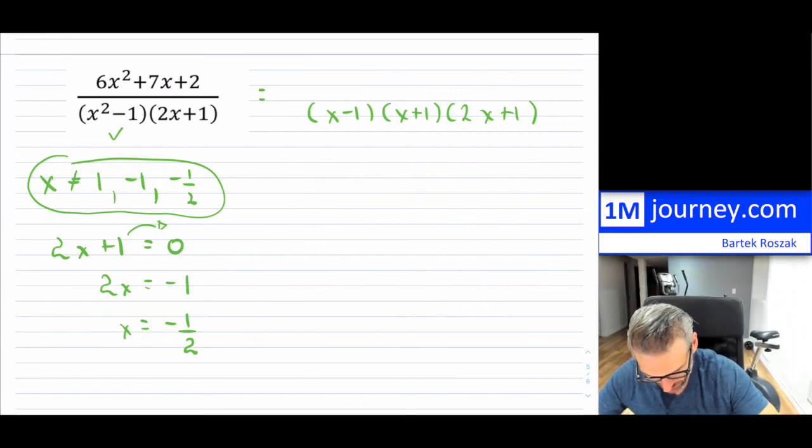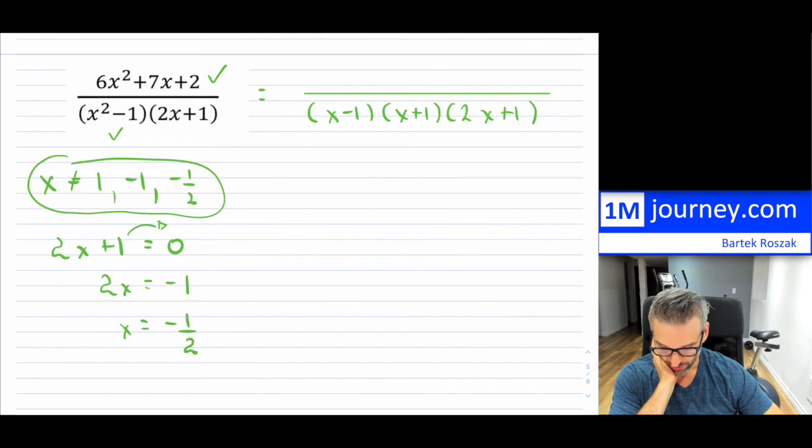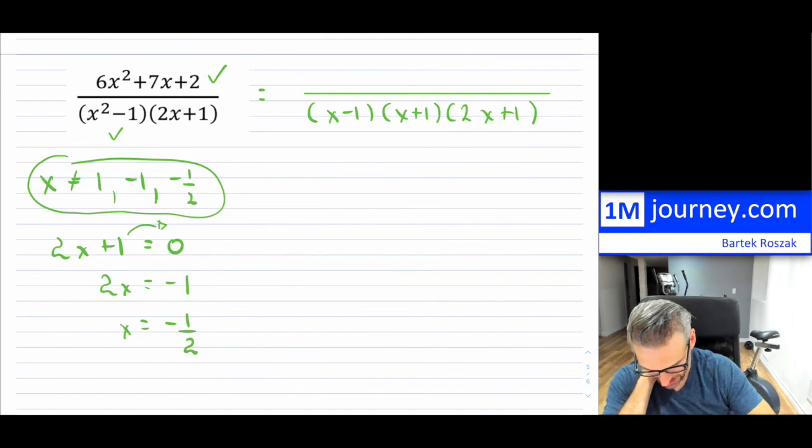Now, the top, meaning the numerator, right here, well, clearly this is not a perfect square, so it's not very nice. Now, can I decompose that in any way? So I have the 6 times 2 is 12.